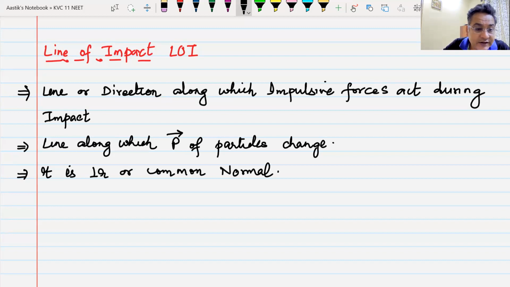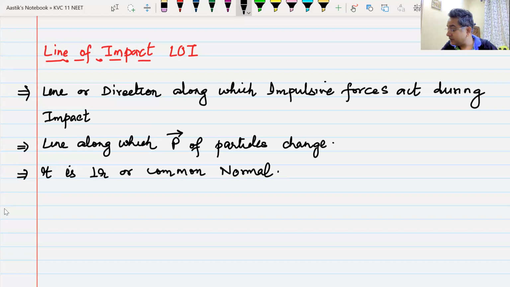I can give you some examples of this, where the line of impact is, and you will see that this line of impact is the common normal. Normal, you understand the meaning of normal? Normal is perpendicular, yes or no? So common normal is normally your line of impact.